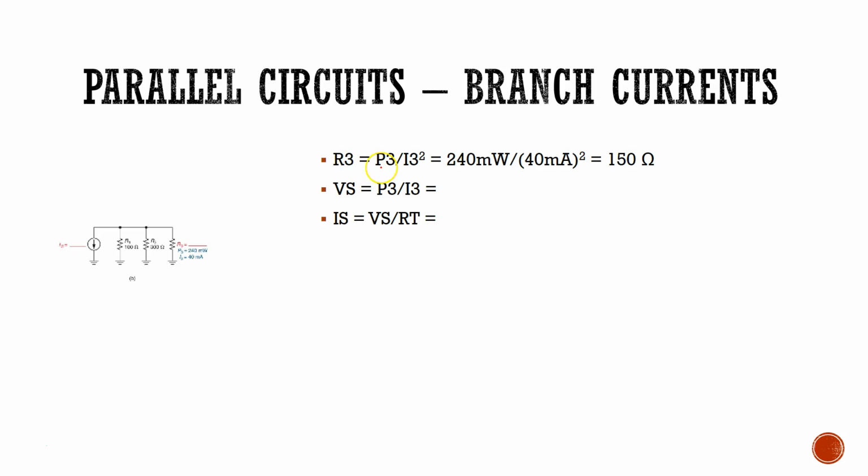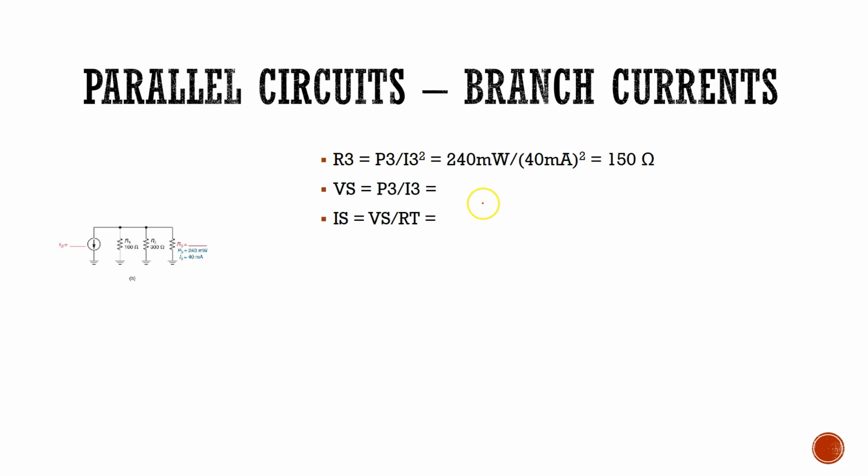That's a derivation of P equals I squared times R. We divide through by I squared to get R by itself.